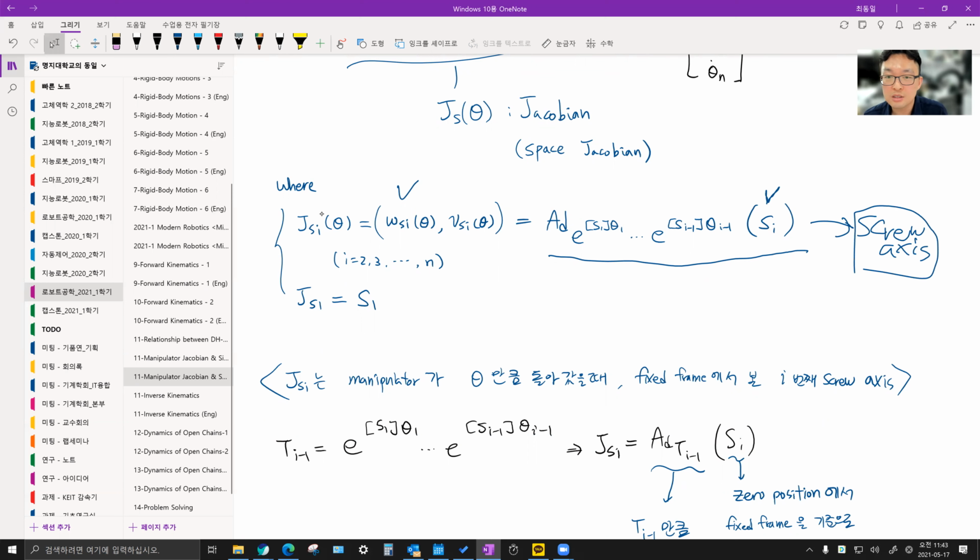So actually, J_si is equal to a screw axis, but in a slightly transformed form.